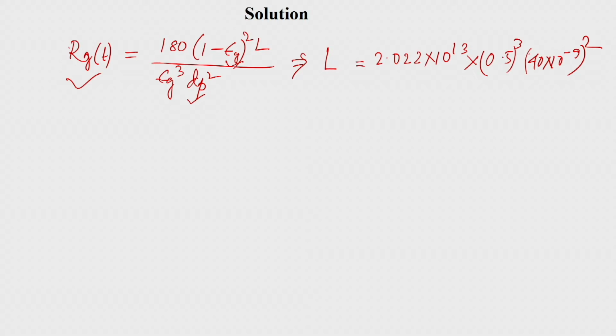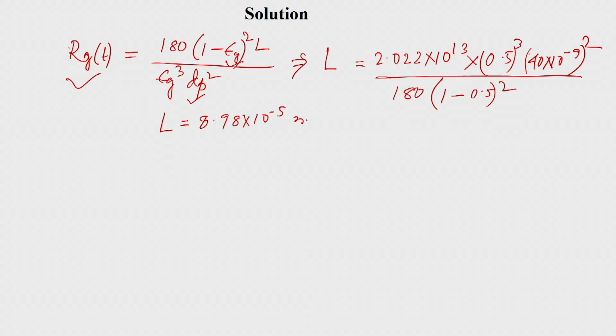So, L will be Rg epsilon g cube dp square divided by 180 into 1 minus 0.5 squared. So, from there we will be getting L equal to 8.98 into 10 to the power minus 5 meter.